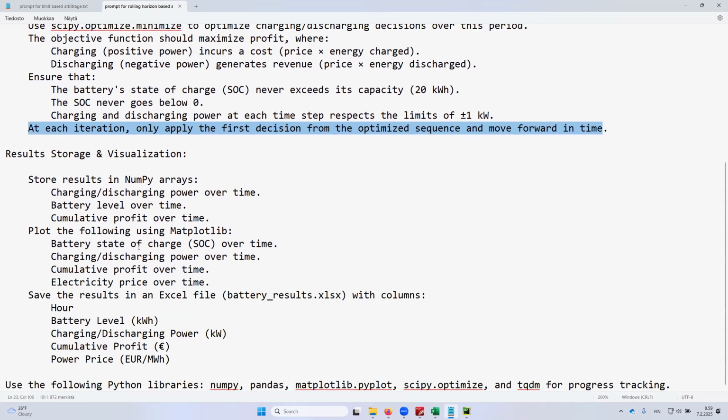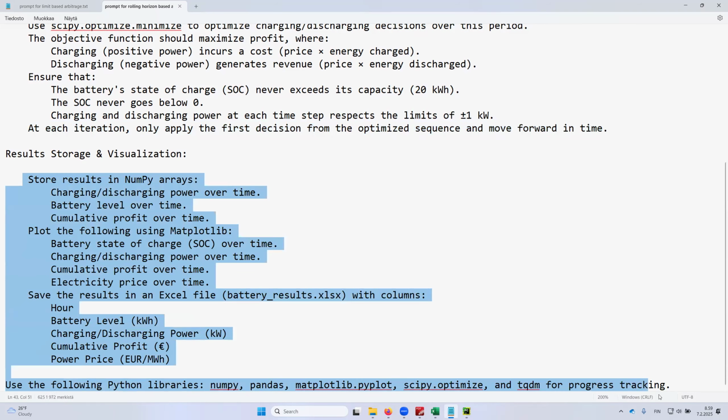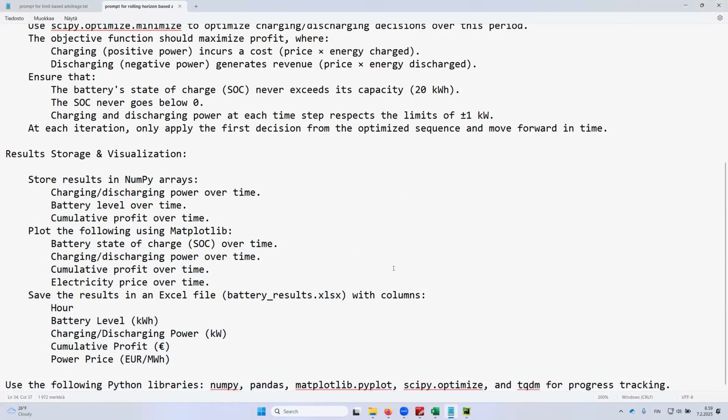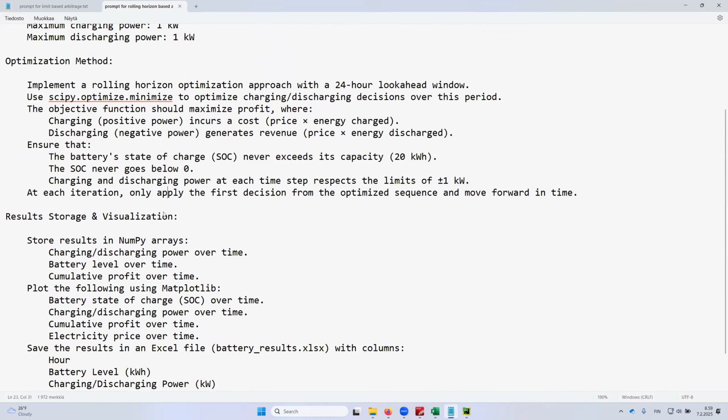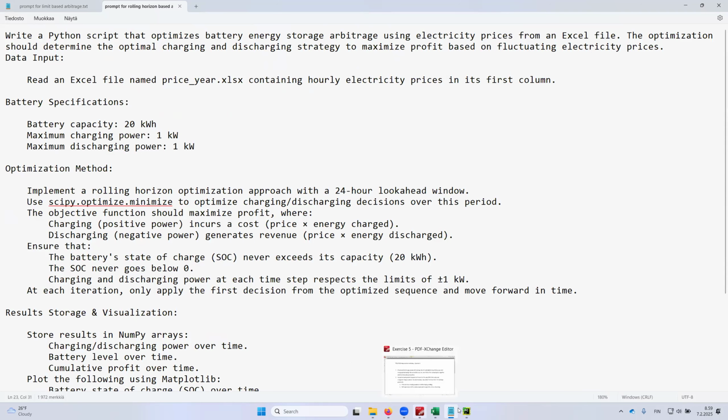So that is all. Then there's storing the results and writing them in an Excel file. I wanted to do that as well. So battery results. And on top of that, I think I put a progress bar in there as well.